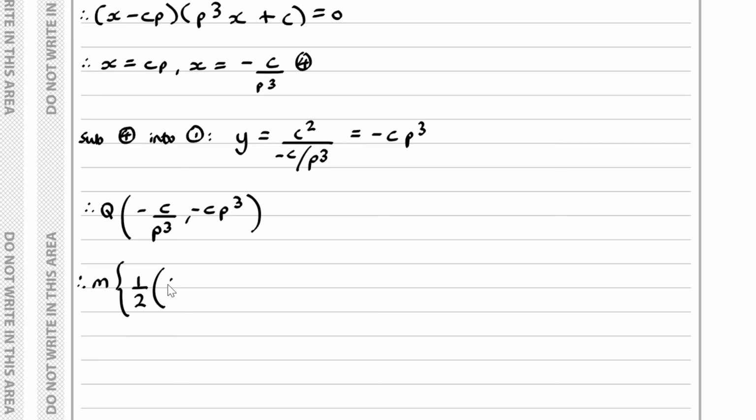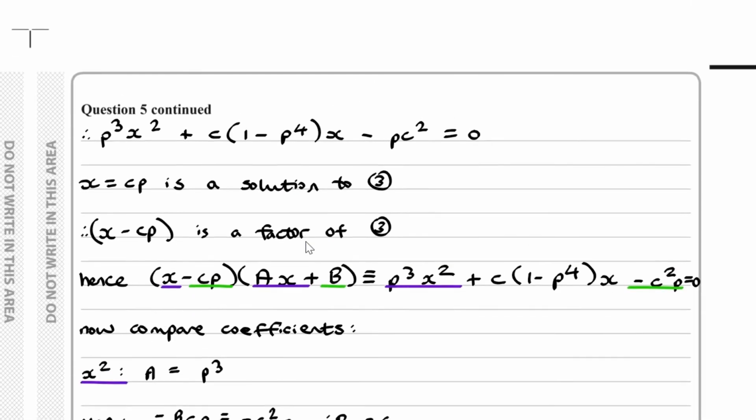So we have cp minus c over p cubed, and then we have 1/2 lots of the sum of the y coordinates. So we have c over p minus c p cubed. Okay, so what we have over here then is our midpoint.